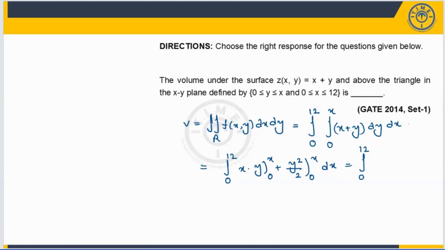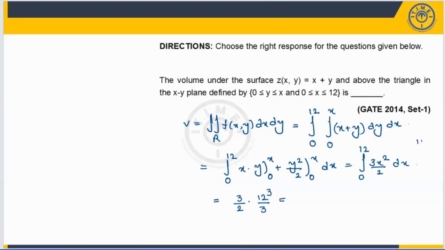So that is 3x square by 2. And the integral of x square is x cube by 3. So 3 by 2 into 12 cube by 3, so 3 and 3 will get cancelled.